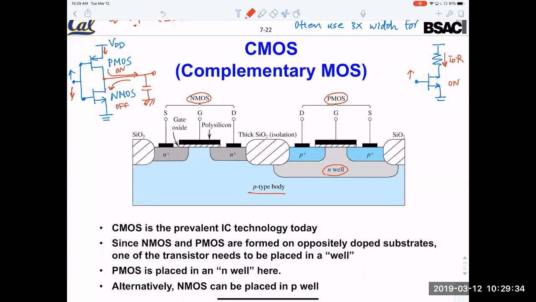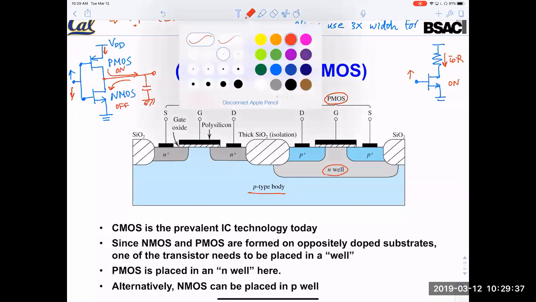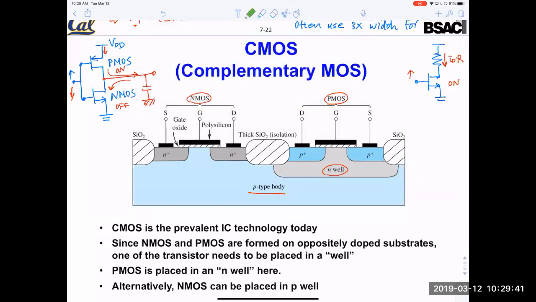Modern transistors actually also put the NMOS in a P-well. This gives us more flexibility in controlling the environment each NMOS sits in. If you want the absolutely simplest process, you eliminate this P-well. But for more precise circuits, it's usually called a twin well.